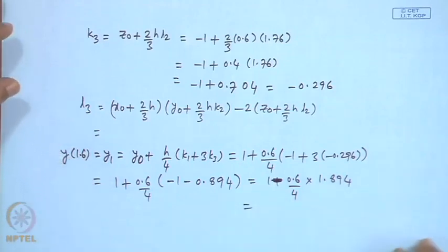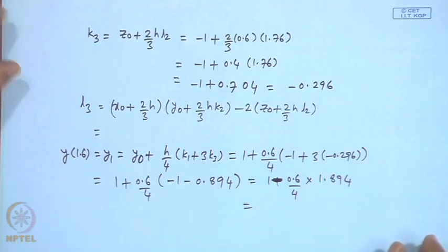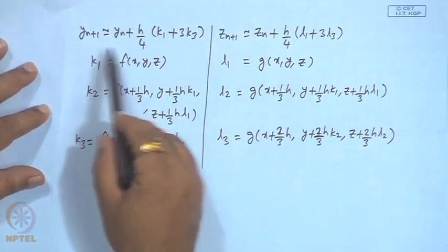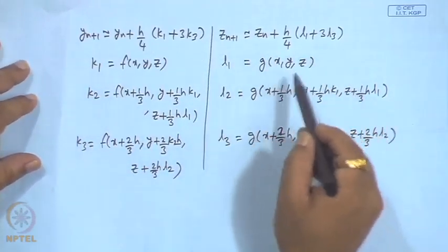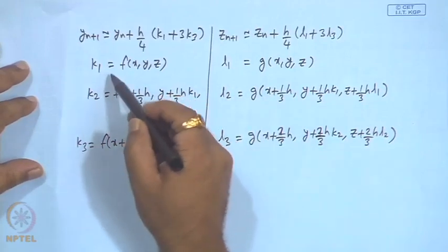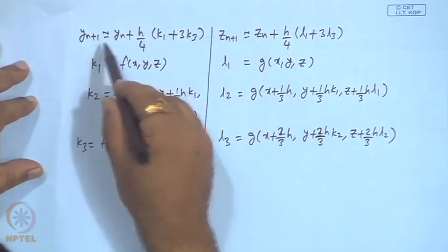So, this is the RK method for solving a system of equations. The important remark is how to define the coupled system like this, the coefficients. This is very important in the RK method. You can see here 2 dependent variables y and z.